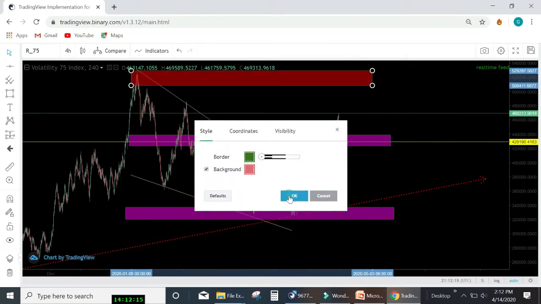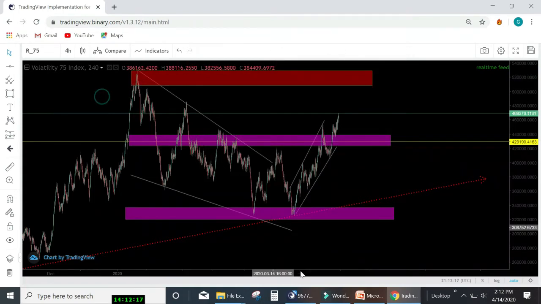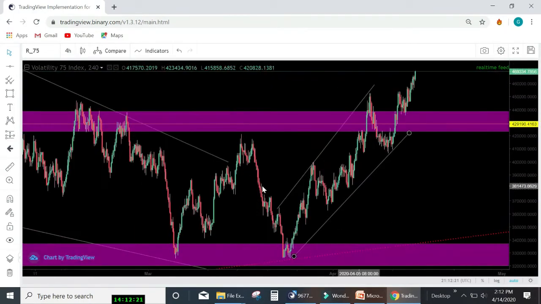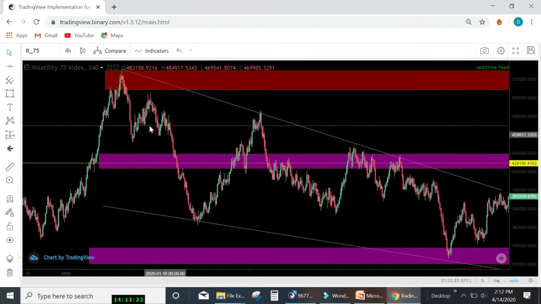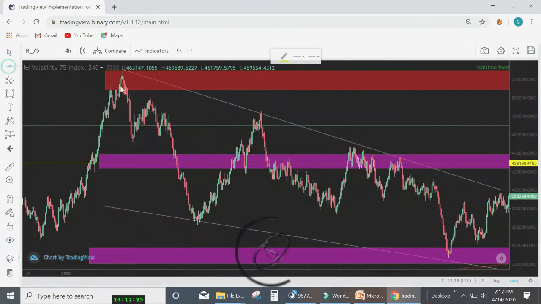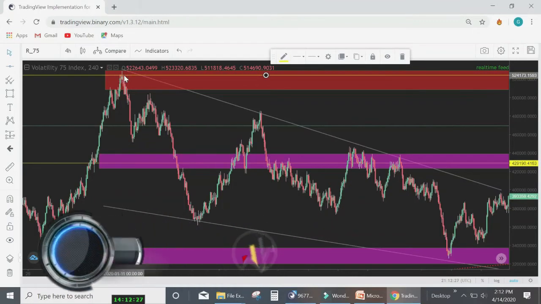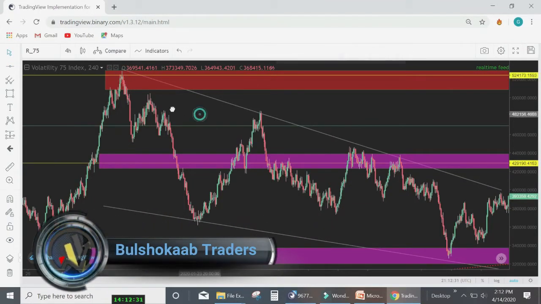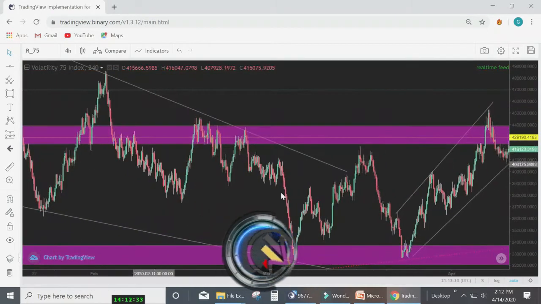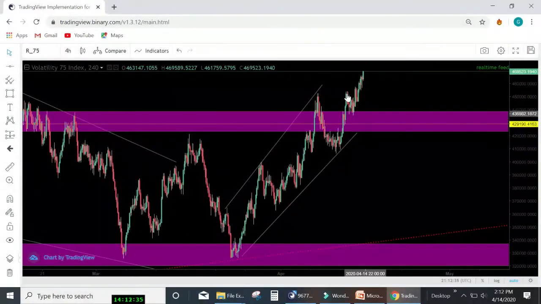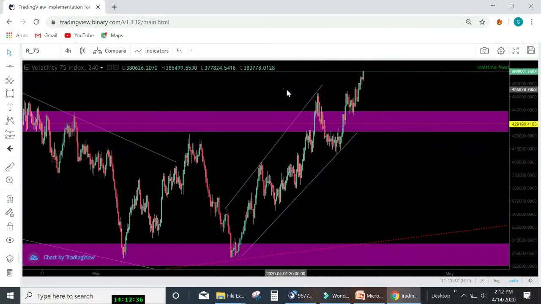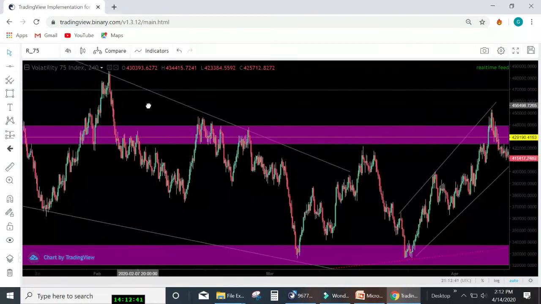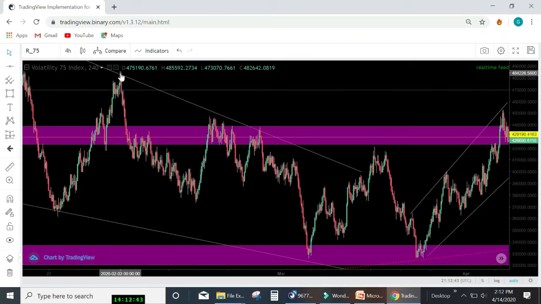It is red. On that area, you can see here is a support zone. There is a support line, and that is where the price is now going to touch, but we cannot really say it will touch until we see that it will break out there.